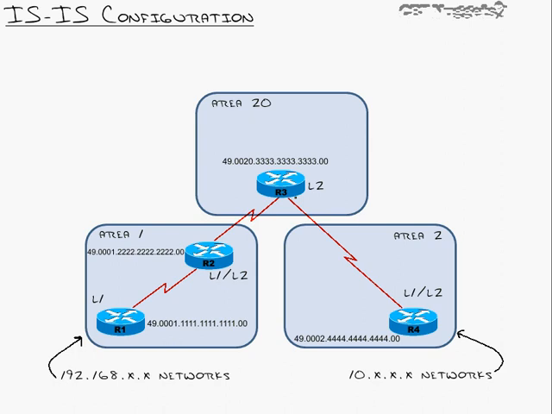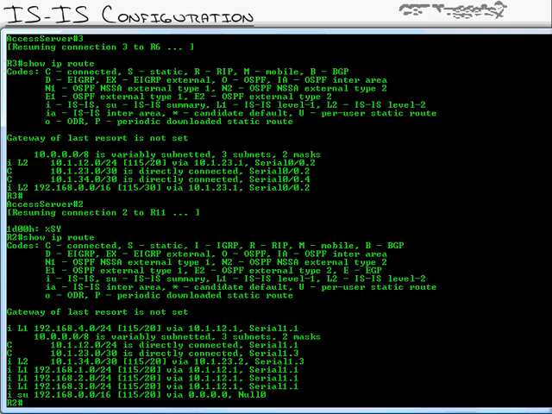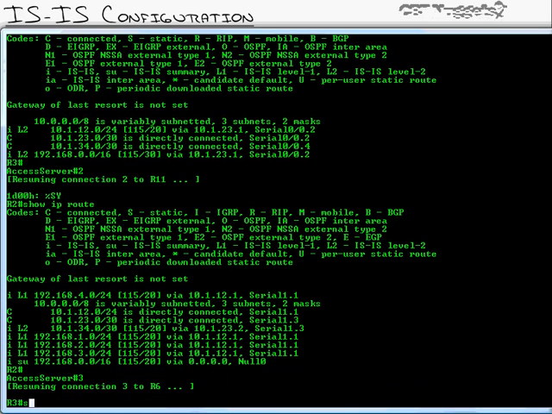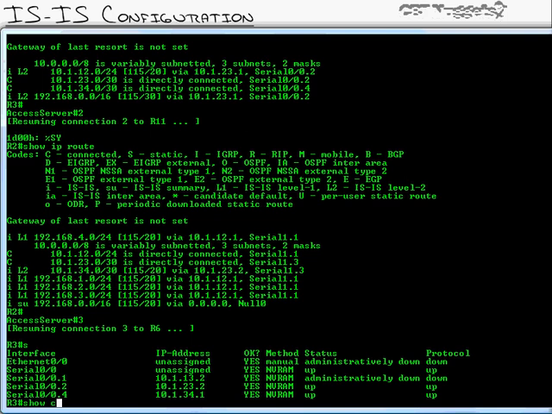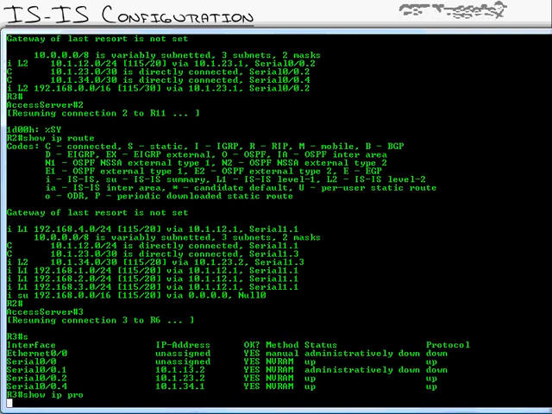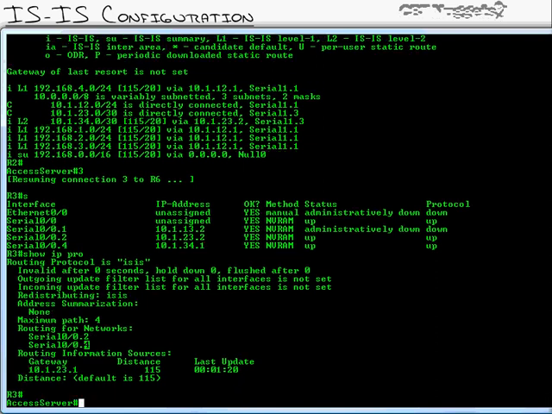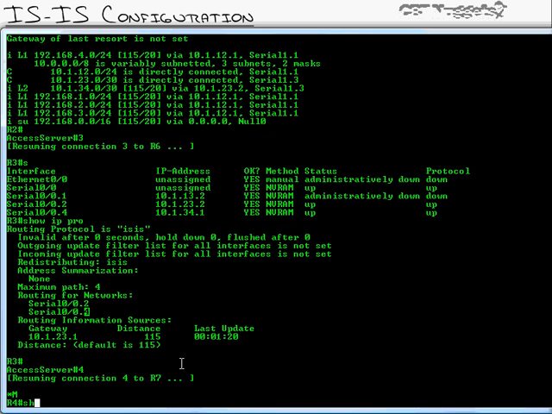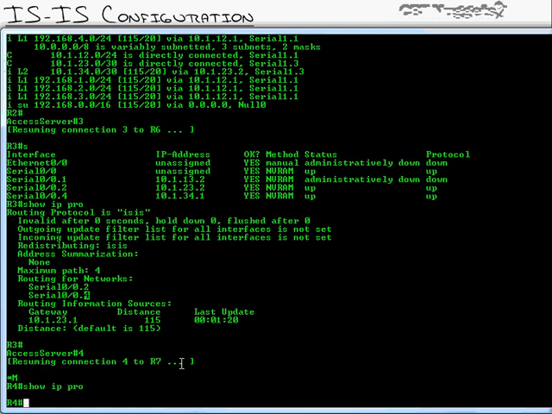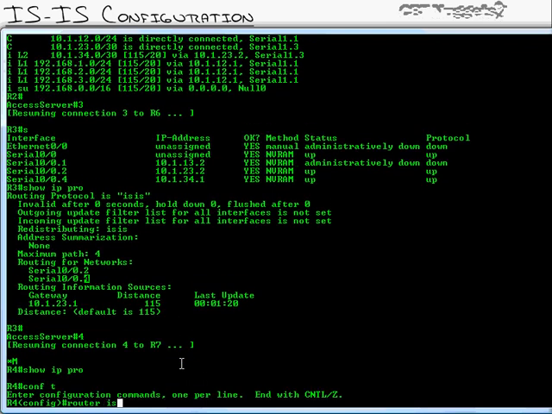Let's set up this last relationship here. I'm going to go to router 3. I'll go quickly on this. Let me do a show ip protocol. I set this up for both interfaces, right? Right. Okay, so we're good on router 3. I'm going to hop over to router 4, which should have no protocols running, and it doesn't. So I'm going to type in router isis.